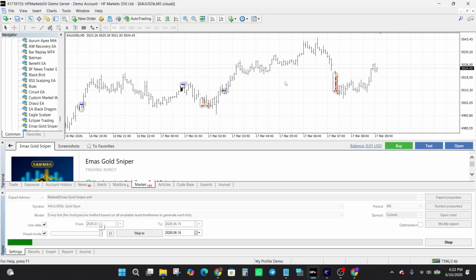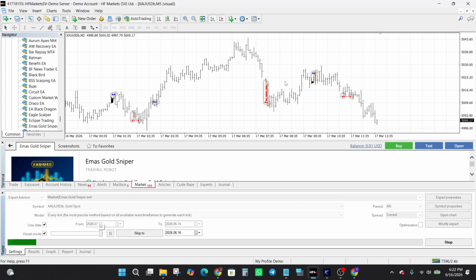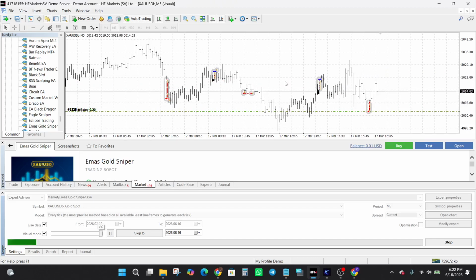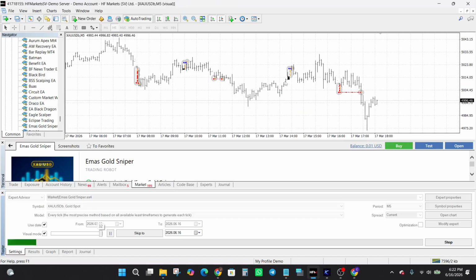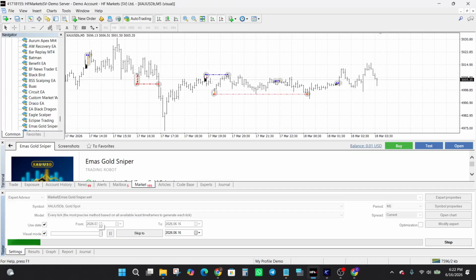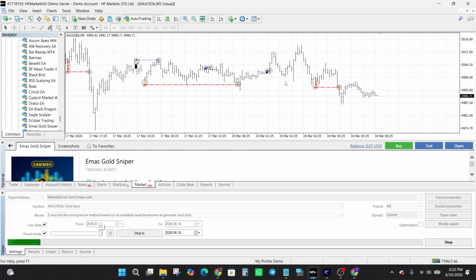As for the historical backtest results, remember that performance can vary depending on risk settings, lot size selection, broker execution quality, spread conditions, slippage, market conditions, and user optimization choices.